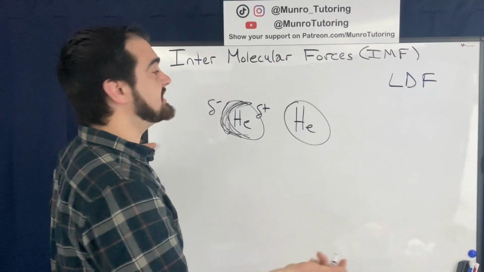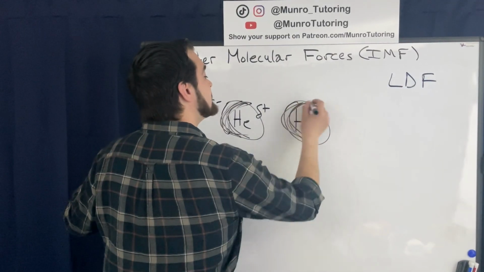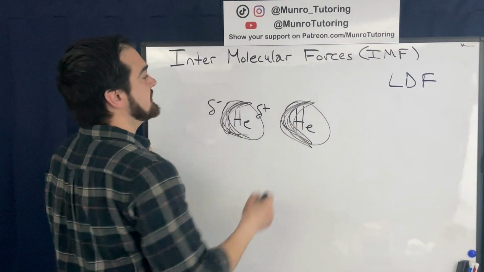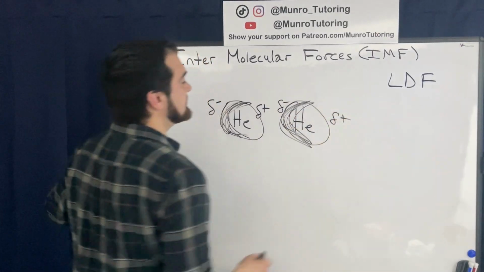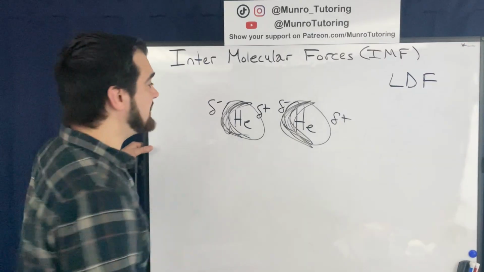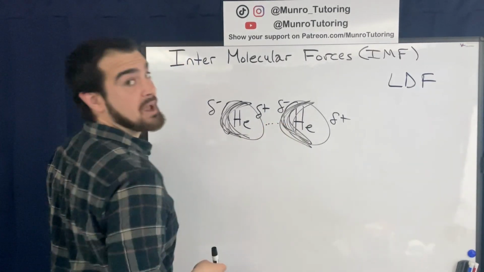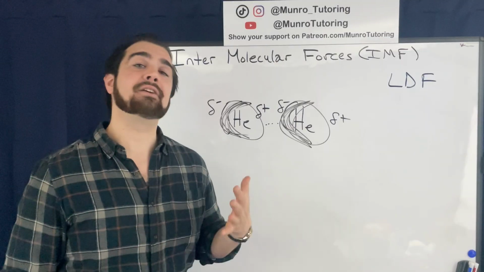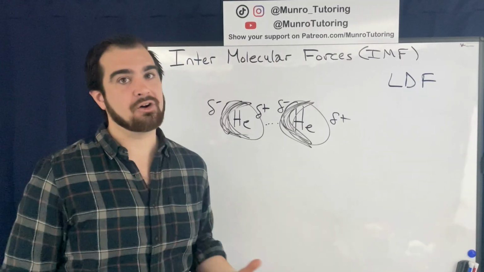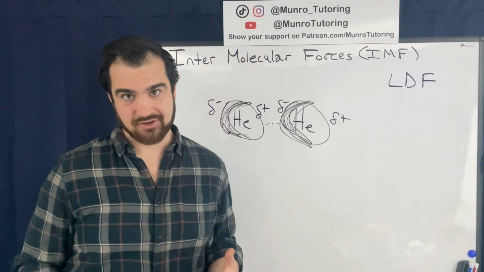Because positive attracts negative. And so these electrons now are going to do the same thing, and we're going to get this as a partial negative, and this side is a partial positive, and now we have an attraction between the two atoms, albeit it's instantaneous and it's very weak, there is an attraction. That's what we call a London dispersion force, okay?